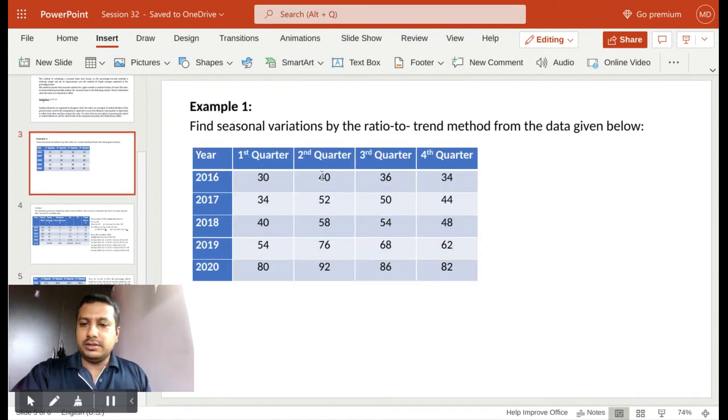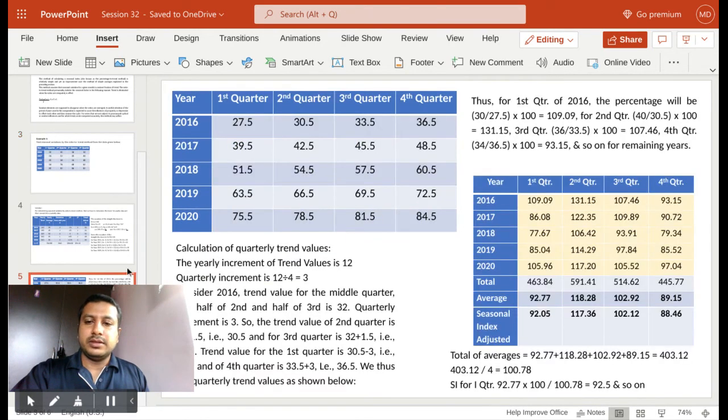Next, second quarter 2016, the value is 30.5. 40 divided by 30.5 into 100, you'll get 131.15.